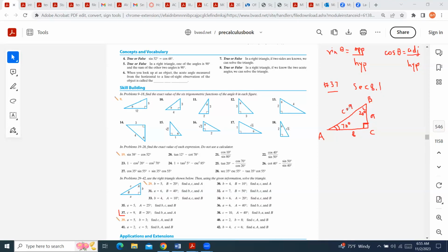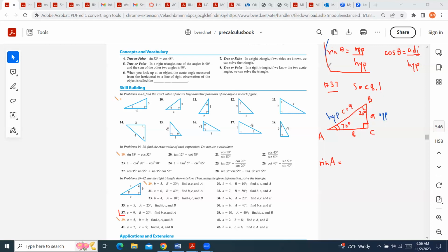So anyways, let us look at the hypotenuse C, and now we need to find A and B. So how can I do that? Well, from the first statement, I can say that sine of angle A will be related to the opposite side to it. So whatever it is, opposite, divided by hypotenuse, right?